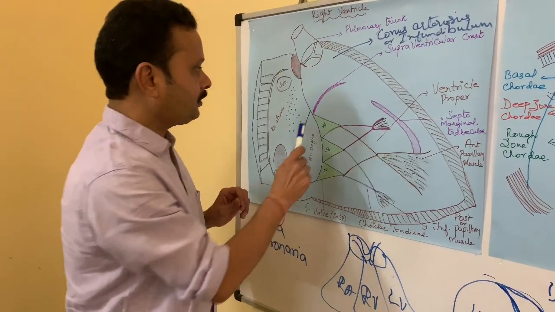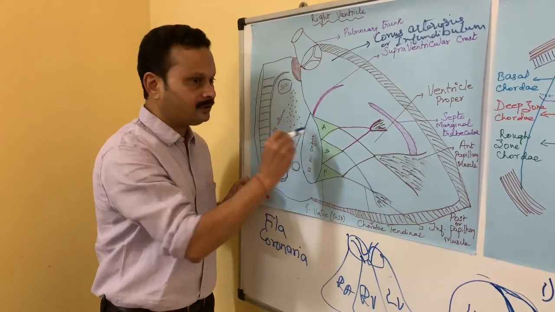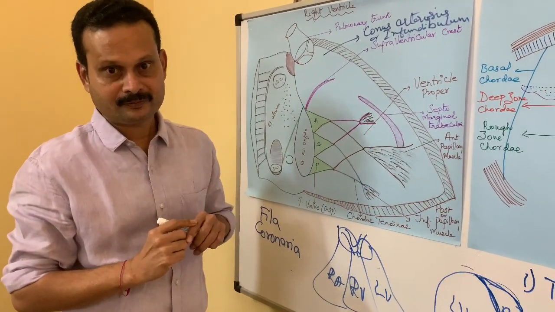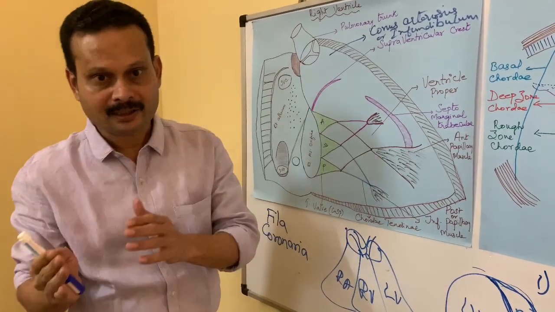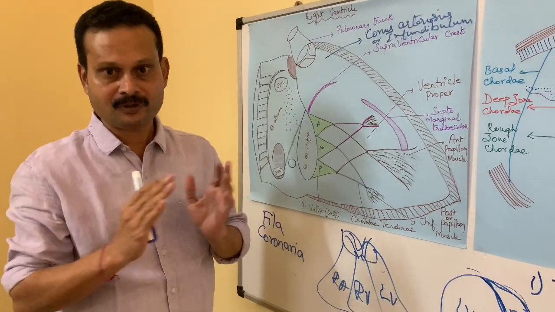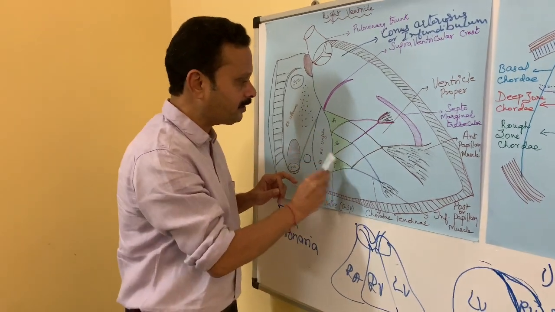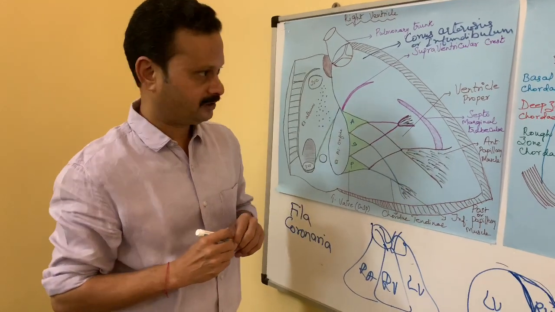Coming to the tricuspid leaflets, this valve is surrounded by three leaflets, that's why we call it tricuspid. Leaflets or cusps, both are the same. Since the right atrioventricular orifice is surrounded by three valves, it is also called the tricuspid orifice.